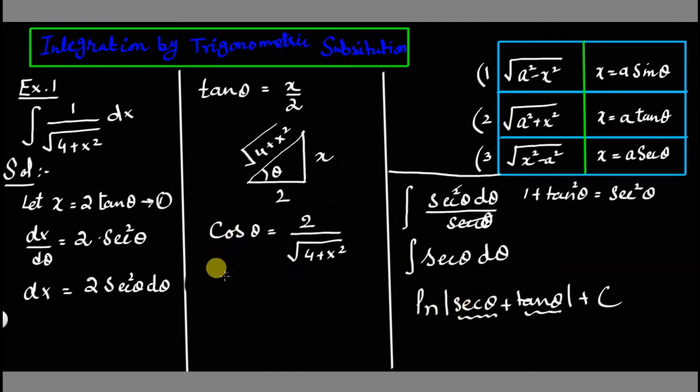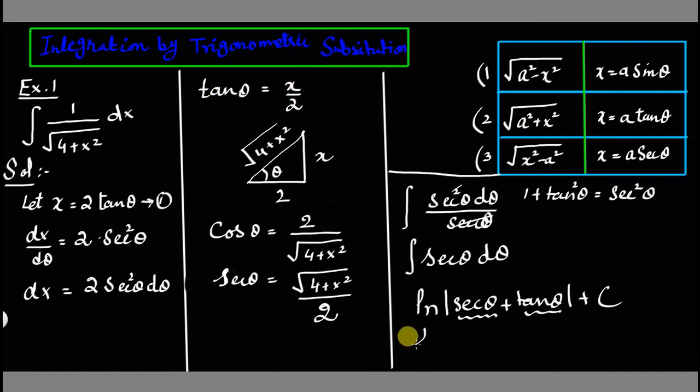So cos theta can be converted to secant theta. If we convert it into secant theta, then it will reverse the values. So square root of 4 plus x square by 2, this will be the value of secant theta, and the value of tangent theta is already given, that is x over 2.